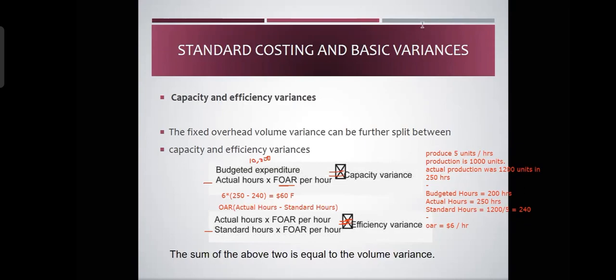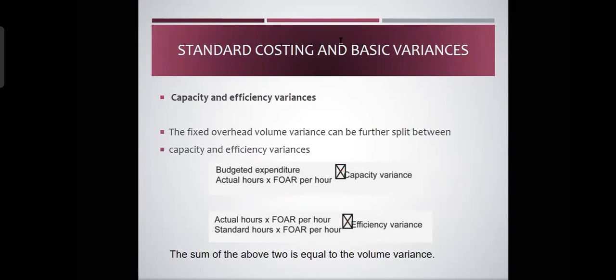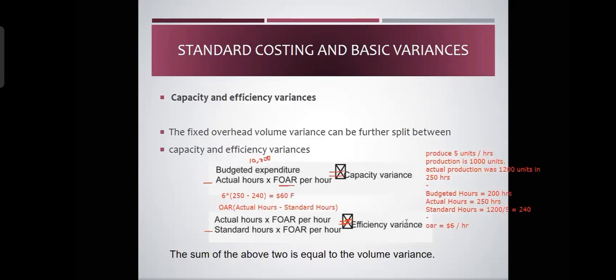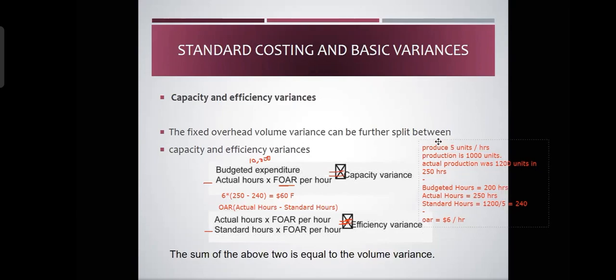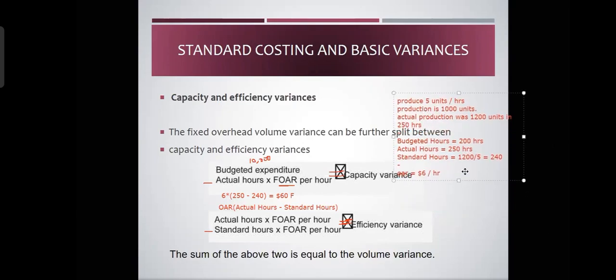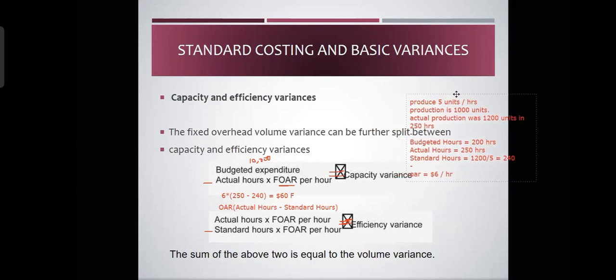So let me clear that again. Sir, is standard based on actual production or budgeted? Actual production. Standard will be based on actual production: if actual production is 1,200, how much time should it have taken? Is it not adverse?